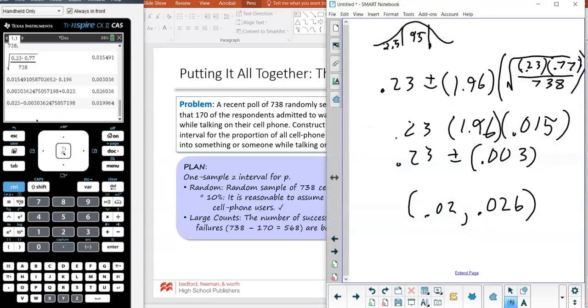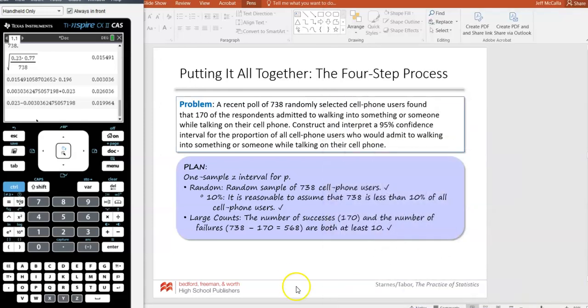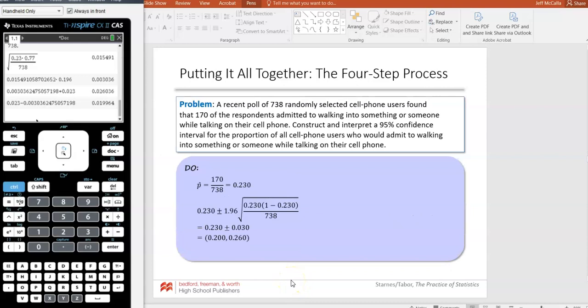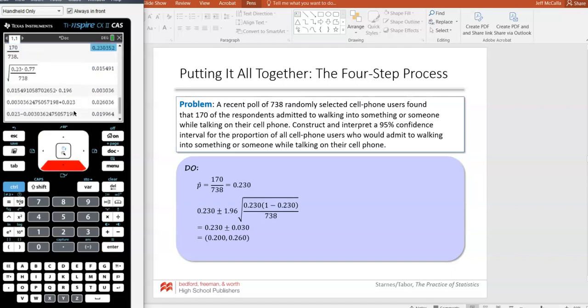Oh, wait, I had 0.02. Because it's 0.23. Where did I have that? I said 0.023. Oh no, right there. So it all goes to naught if you grab the wrong number. I said 0.023 and I should have said 0.23. Wow, it's easy to make a mistake like that.